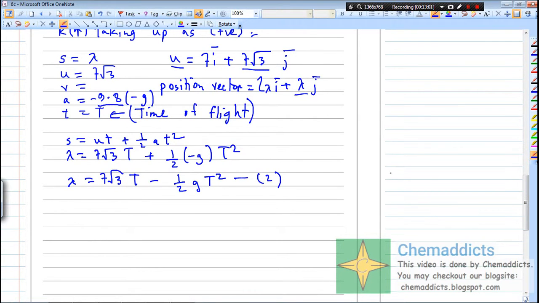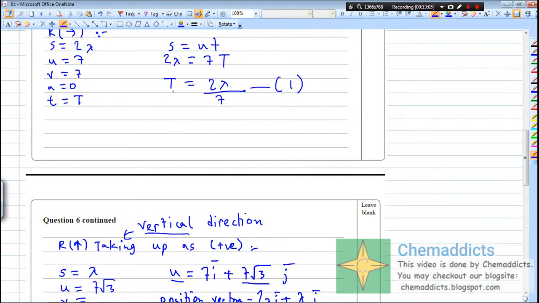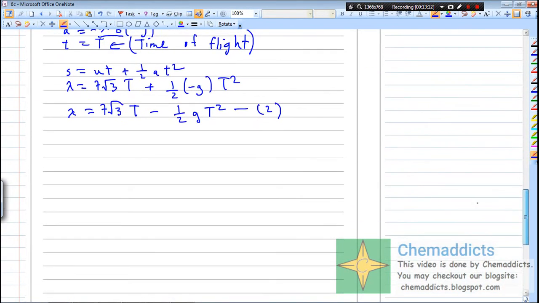Before, we constructed an equation relating t. So now substituting the value of t into equation 2, just like simultaneous equations. So substituting 1 into 2, lambda equals 7 root 3 t.